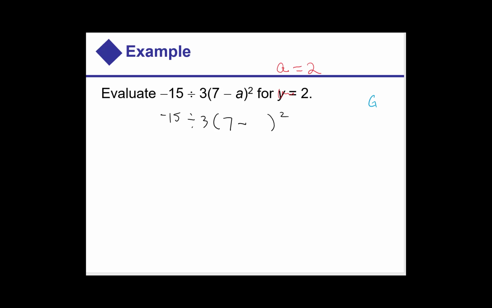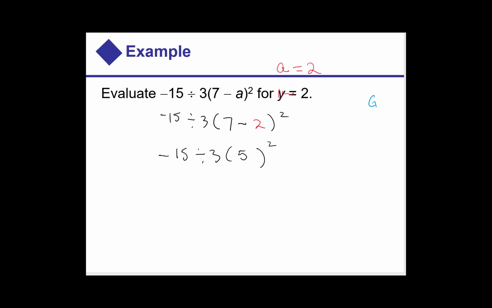And we're going to take a out and replace it with its value 2. Okay, so now we can actually start doing the group. The group is the numbers and the math in the parentheses. So I'm going to take care of the group and do the math. 7 minus 2 is 5.